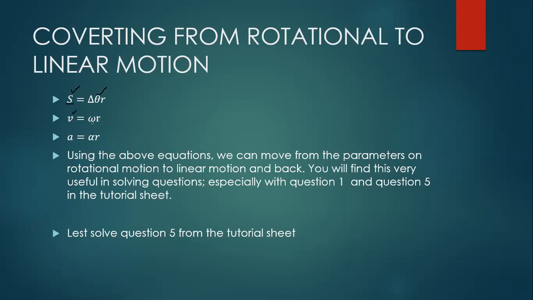So this is one way in which you can move from linear motion to angular motion. Same for acceleration: you multiply the angular acceleration by the radius and you get your linear acceleration. Are we together so far?